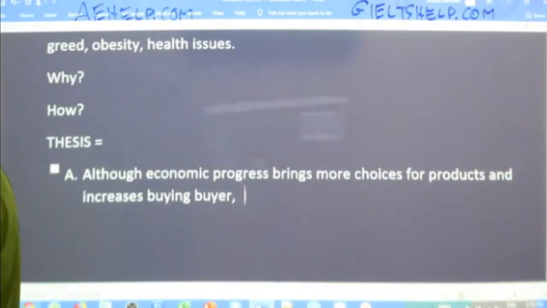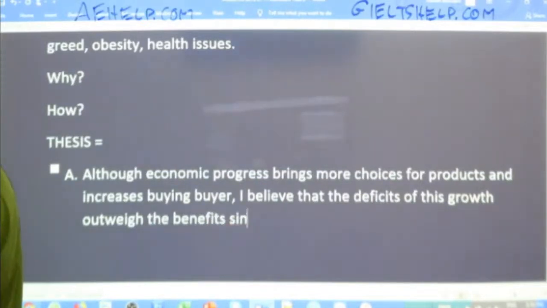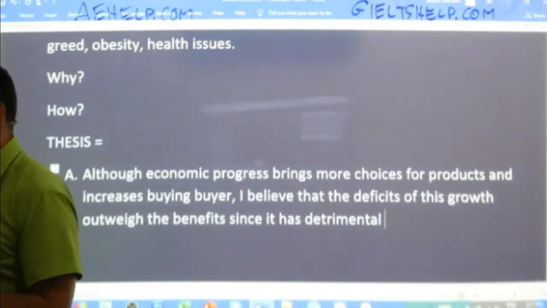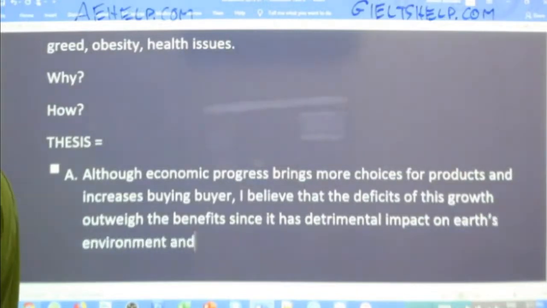I believe that the deficits of this development, or this growth, yeah, because you haven't used it yet, sure, outweigh, or dwarf, outweigh, yeah, let's just stick with it, outweigh the benefits since it has significant, I'm going to go with detrimental instead. Just because detrimental, Marwa, is a clear negative, significant isn't a clear negative. So detrimental impact on Earth's environment and people's health. Okay, so that's my first one.